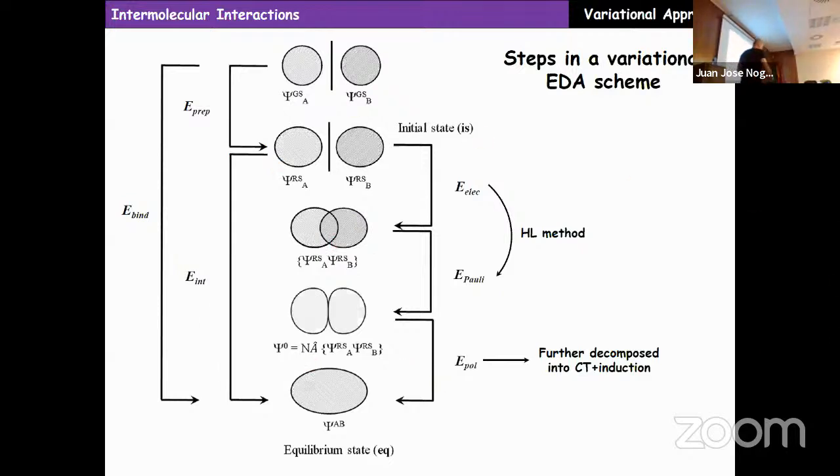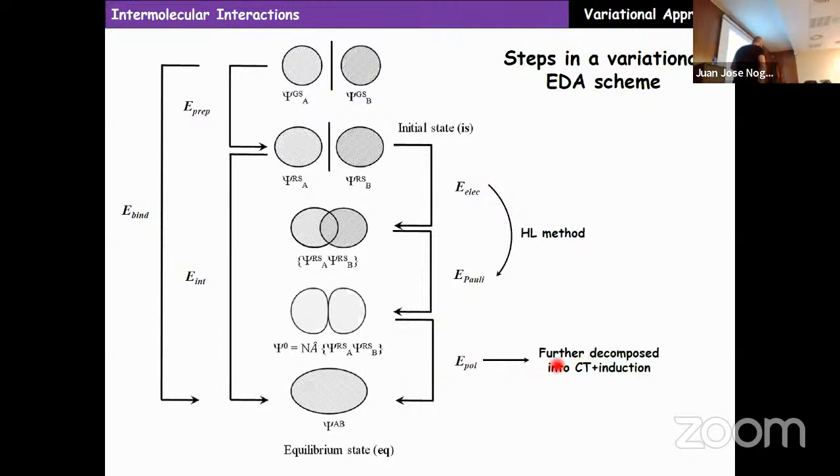And finally, we have the real wave function, the complex wave function after orbital relaxation. We calculate the energy of the complex, and the difference with respect to the previous step is the polarization, the orbital relaxation.